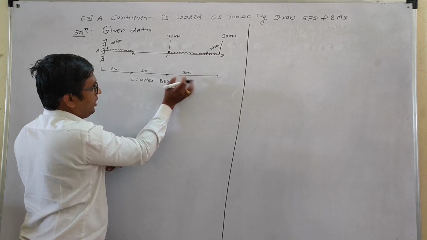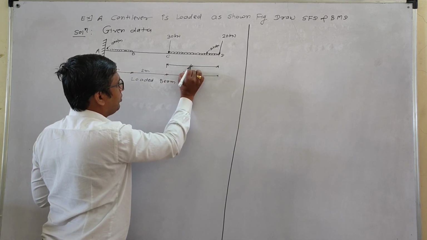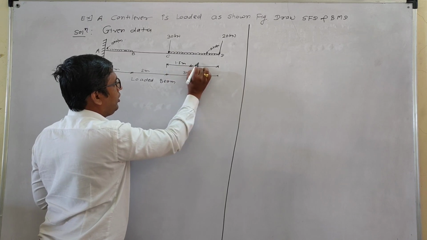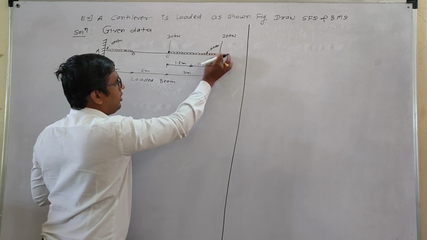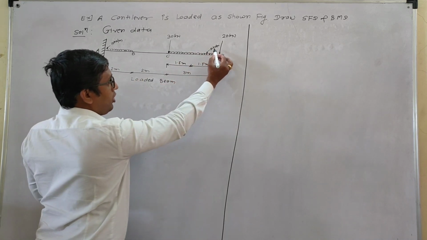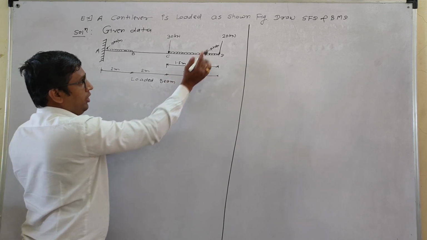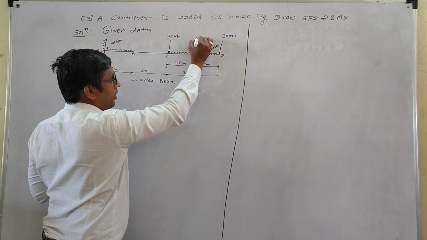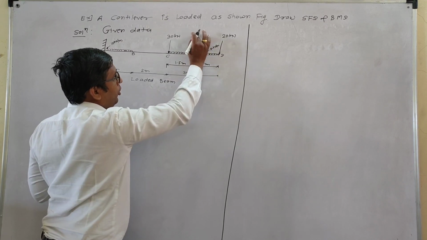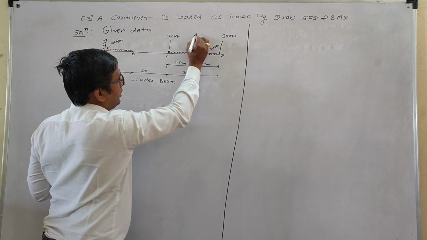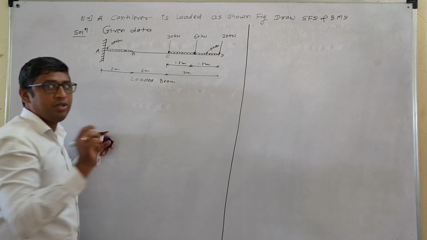Total span is 3, mid span is 1.5 meter, 1.5 meter. This is the mid span of that UDL. The point load is 20 into the total length of 3, that is 60, and draw this converted UDL as a point load in dotted lines. 60 kilonewton. That is a very important concept.